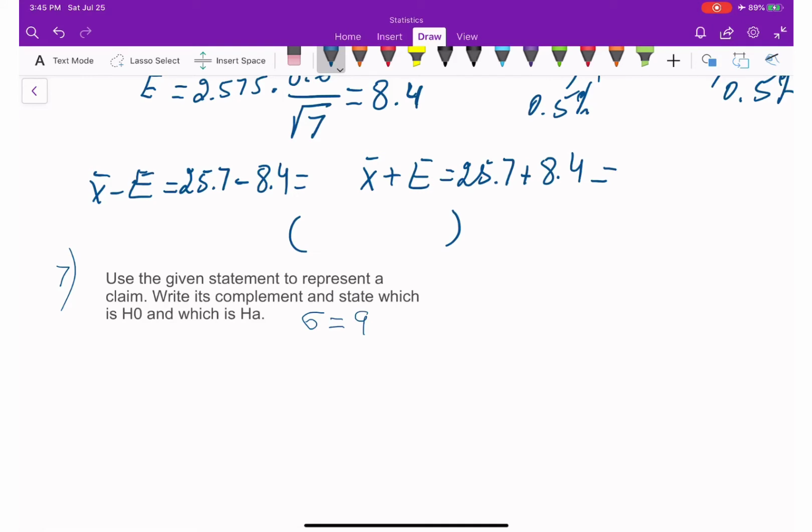It's going to be the null hypothesis, because null hypothesis always carries the equal sign, and the complement is gonna be sigma is not equal 9. So the claim I put in red color.